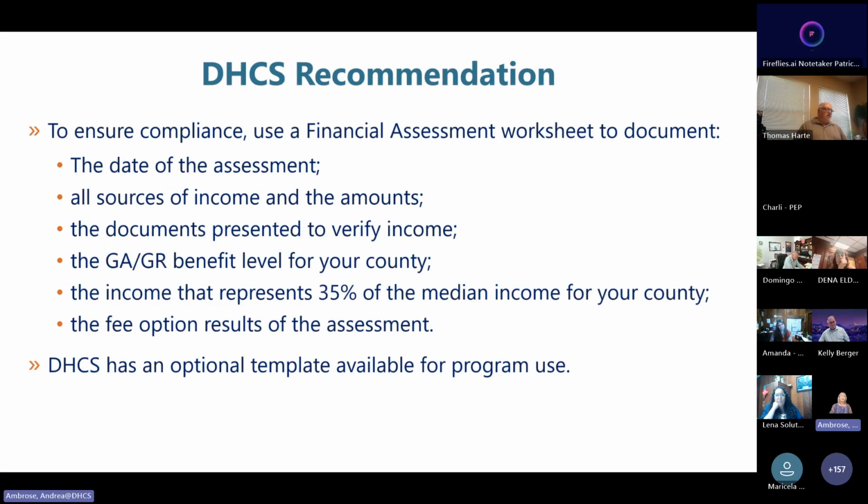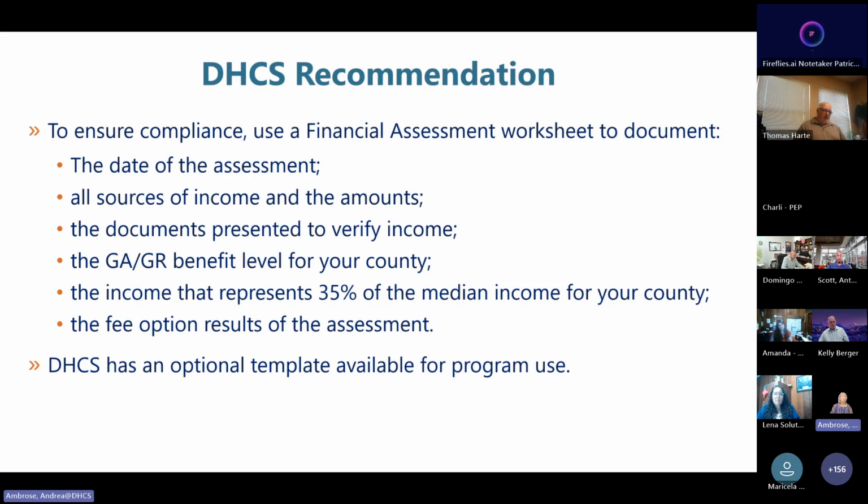So we strongly recommend that you use some kind of a financial assessment worksheet to make sure that you're covering all of these elements so that you're compliant with the regulation. The worksheet should include the date that you do the assessment. It should include all of the different sources of income that you've evaluated and the monthly amount of that income.